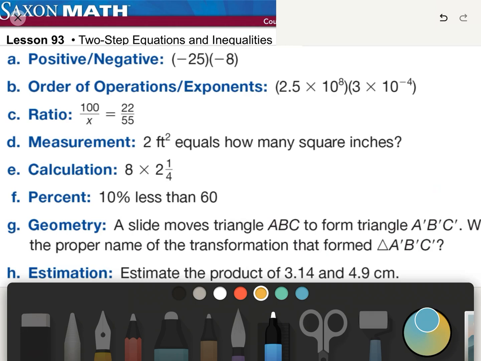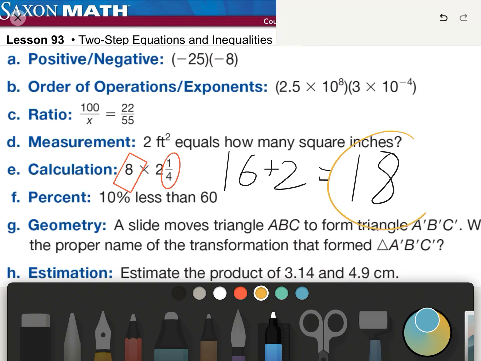E, calculation. 8 times 2 1/4. Well, 8 times 2 is 16. Then back to that whole question, how many quarters are in $1? Well, since there's 8 quarters, then that would get us 2.